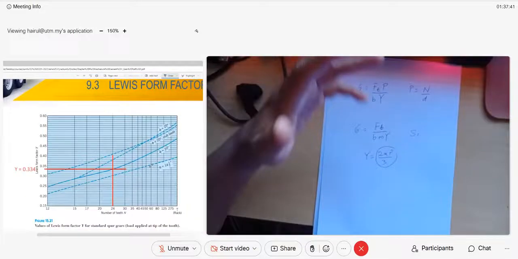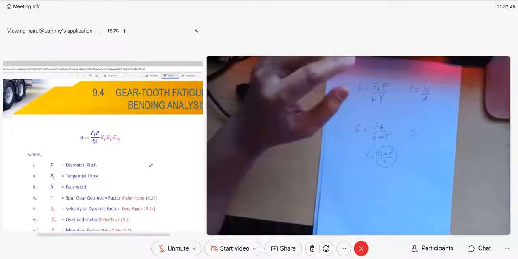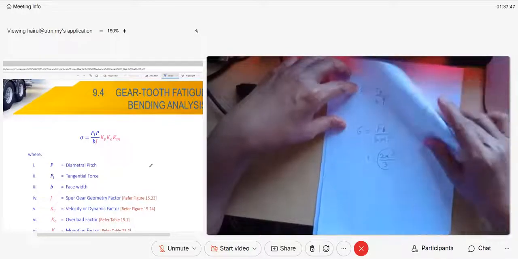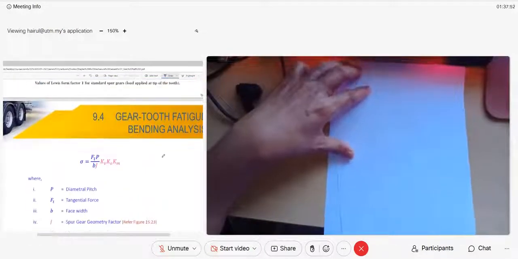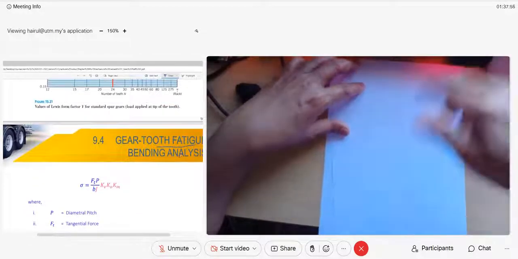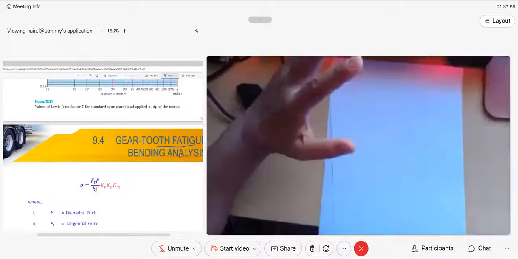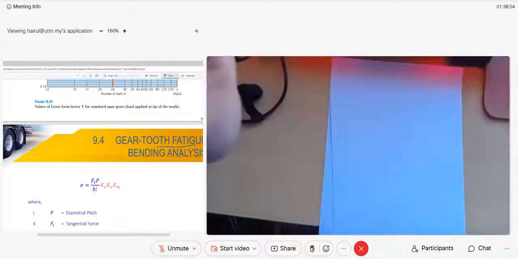After they considered the stress concentration factor, they replaced it, and the equation we will use is as shown in your slide here. This is gear tooth fatigue. Because gears, of course, involve fatigue, we must also consider, remember, the shoulder at the neck of your gear tooth, where there is a radius.